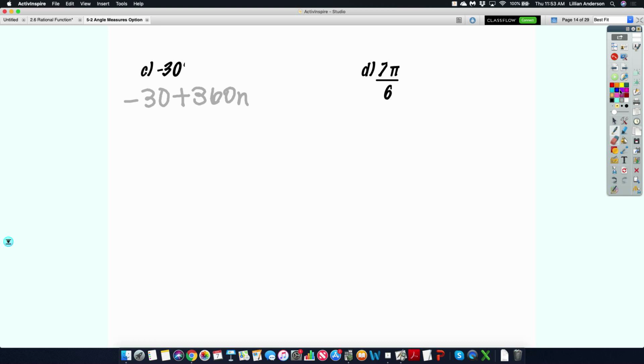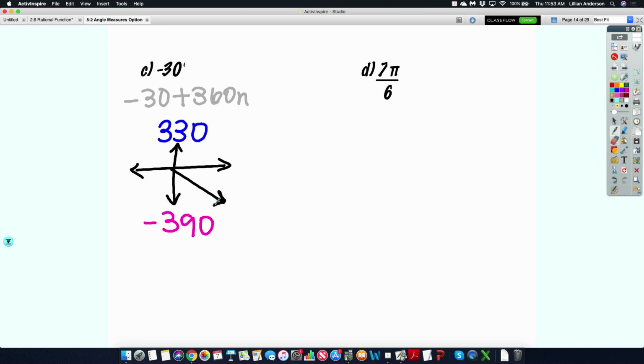So when I plug in 1, what's the positive coterminal angle? 330. When I plug in negative 1, what's my negative coterminal angle? Negative 390. Where is negative 30 located? What quadrant? 4. So when I draw my 330, I should start where?